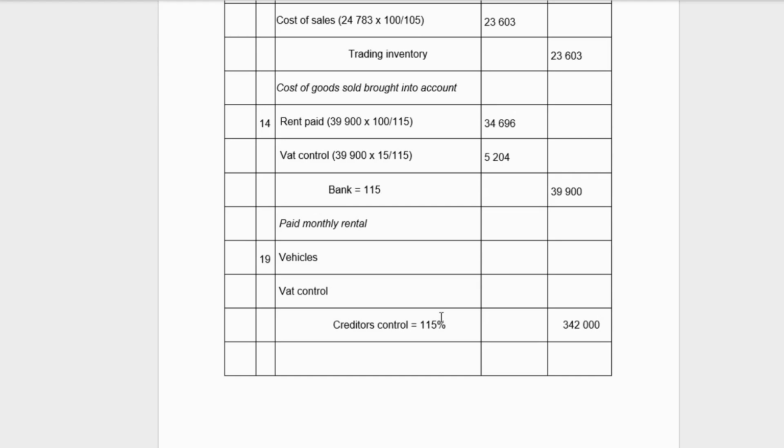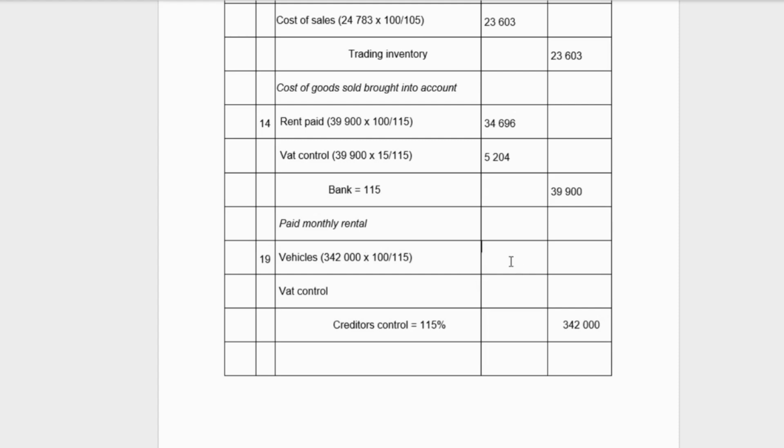Now the amount for the vehicle must exclude the VAT. When we exclude the VAT, we take the amount that includes VAT, which is 342,000, and multiply by 100, and divide by 115. So how much is your amount for the vehicle?